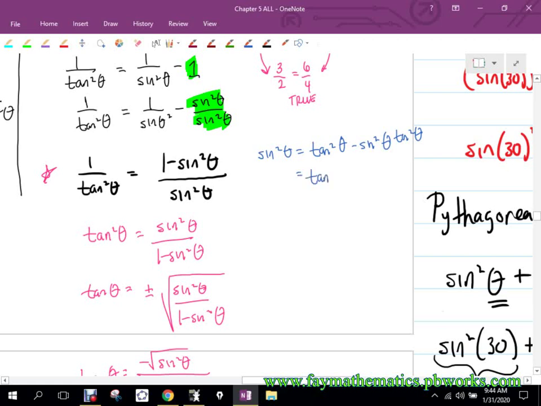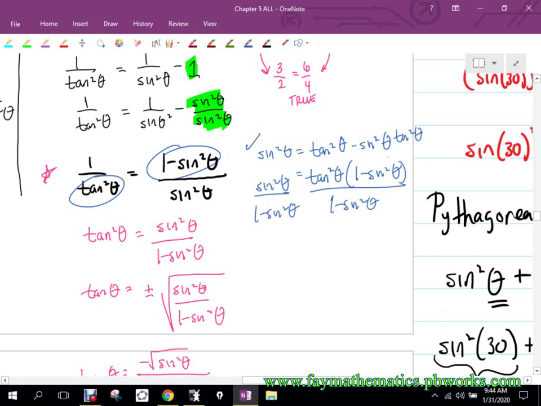So can I rewrite this as tangent squared theta times 1 minus sine squared theta? Which, I don't know why maybe I wrote that one, but that's just that times that, right? Drawn out or written out implicitly before I did the multiplication, right? Can I isolate tangent squared by dividing by 1 minus sine squared?